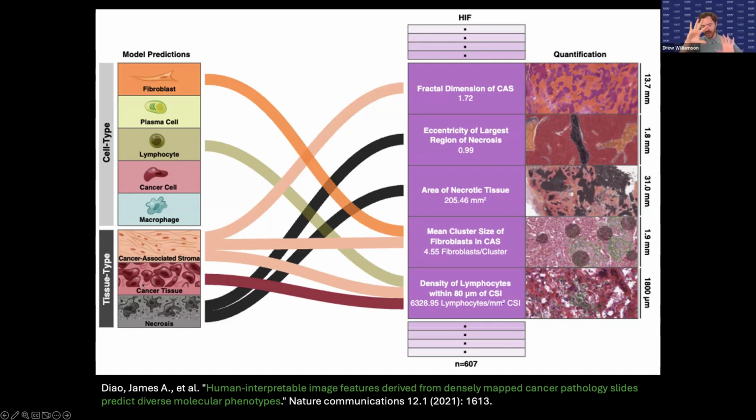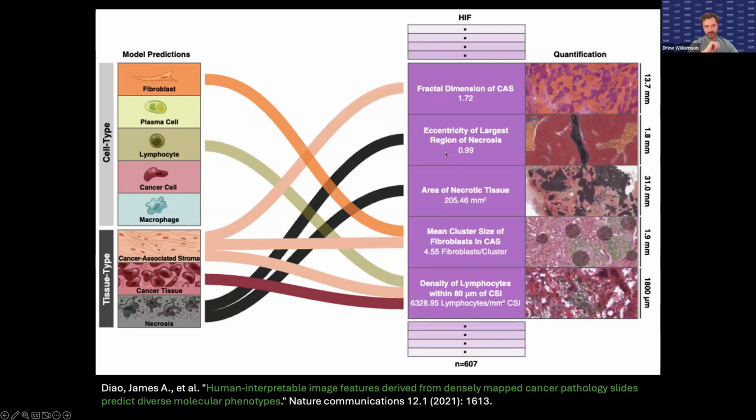And then once they have those segmentations, they extract all these, in this case, more than 600 different human interpretable features. And those could be kind of crazy, like your fractal dimension of the cancer-associated stroma, to eccentricity of things, the area of the necrotic tissue, et cetera, et cetera.